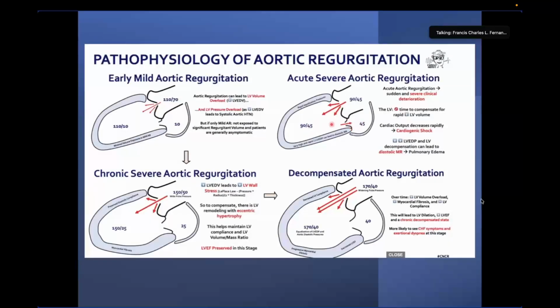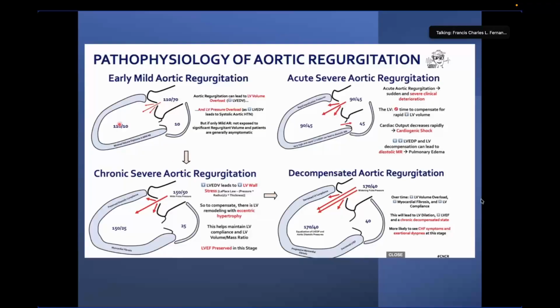But this has reflected back into the left atrium. This will reflect into the pulmonary circuit, becoming pulmonary edema. So diastolic mitral regurgitation. However, this is chronic, so your LVEDP is lower. But if you decompensate, however, this one is also large.